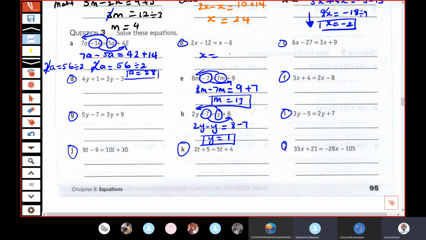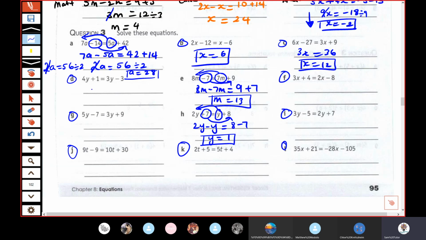X equals what? Yeah, 6. Good work. If anyone doesn't get the answers we're about to write, please just let me know and I'll go through it. And this one should be 3x, 9 plus 27, 36, x equals 12.